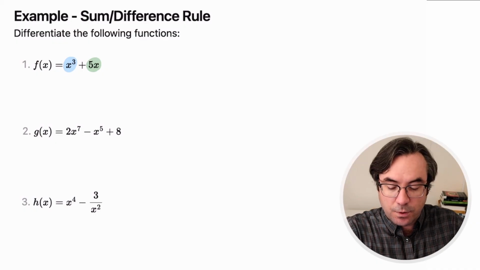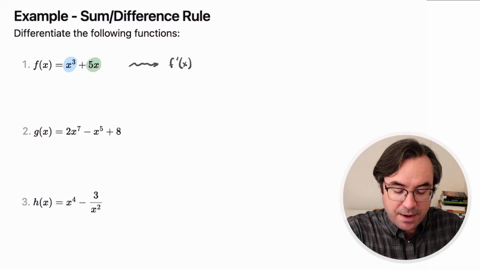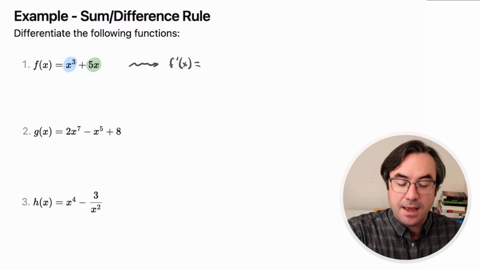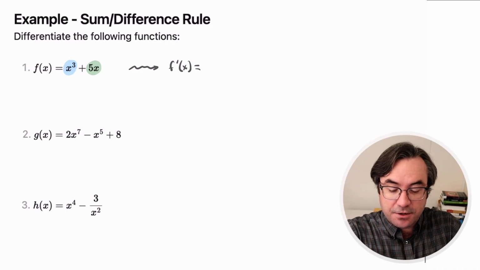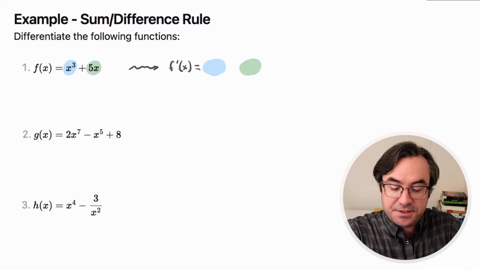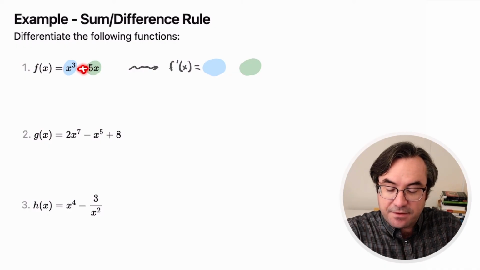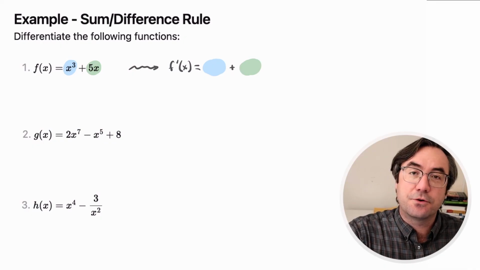The way the sum rule works, we calculate the derivative, which we'll call f prime of x. We start by getting the derivative of the first piece, then the derivative of the second piece, and the addition sign stays in the middle for our derivative.